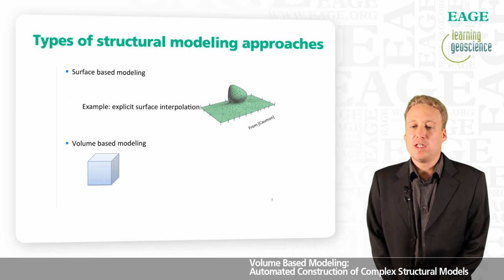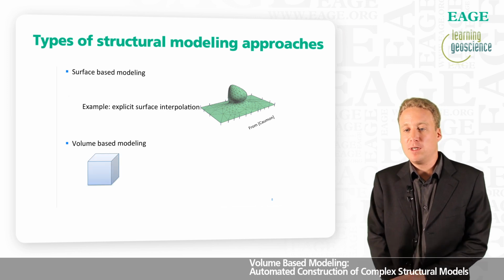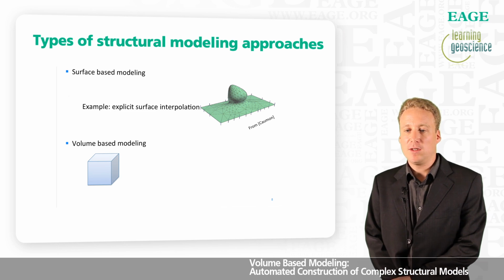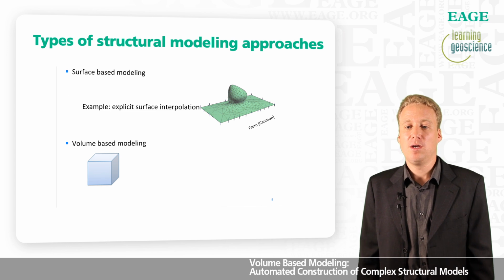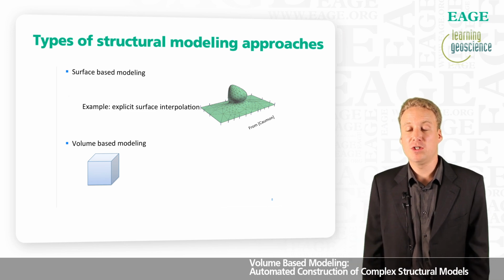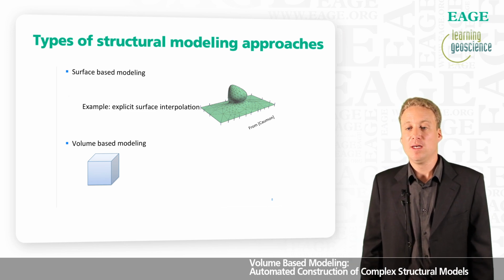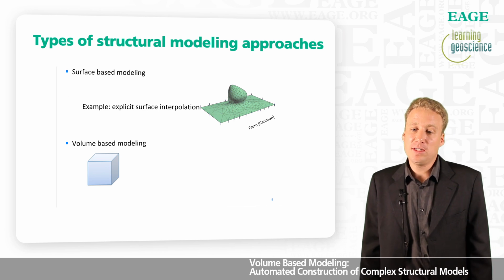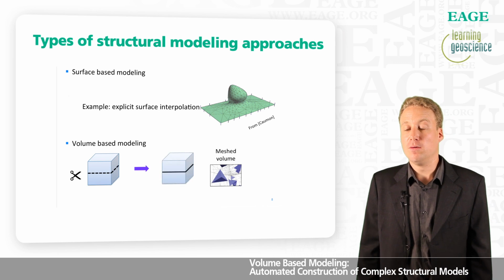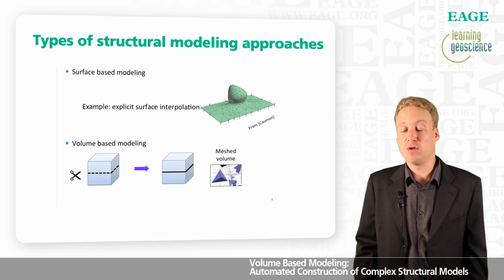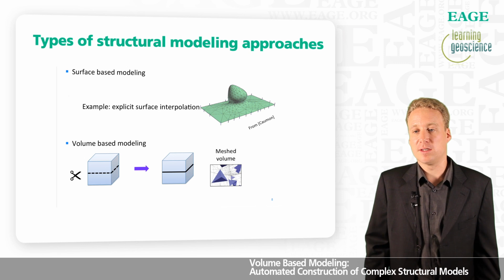Another technique is volume-based modeling. Volume-based modeling is conceptually different. It consists in building first a meshed representation of a volume of interest, and then cutting this volume by horizon surfaces. So it's an initial volume that is subdivided into layers.